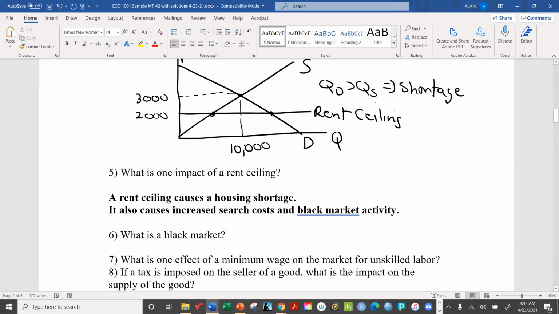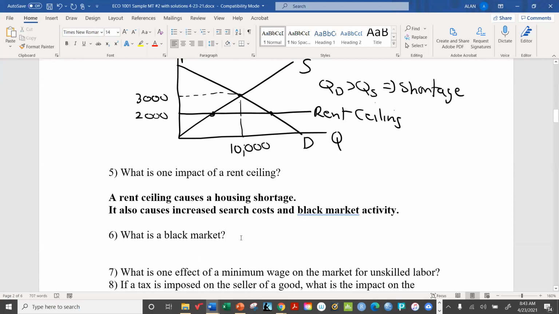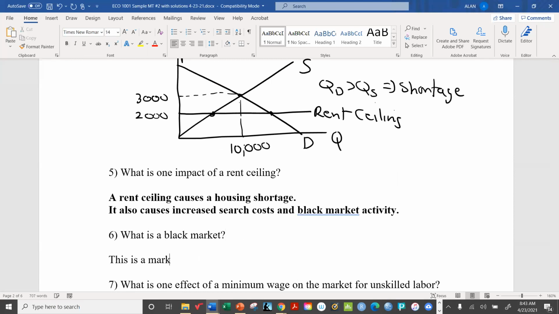Now, black market: this is a market where goods and services are sold illegally.